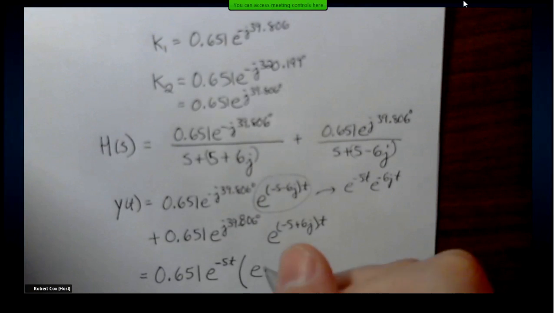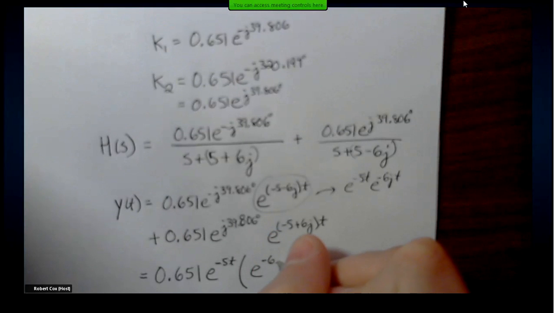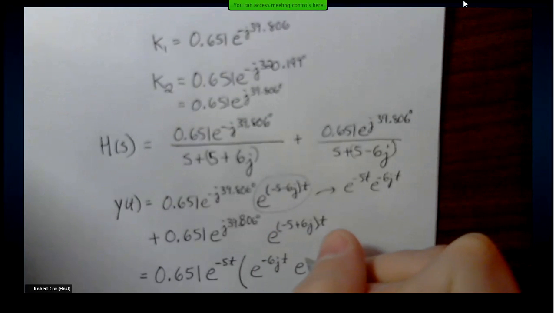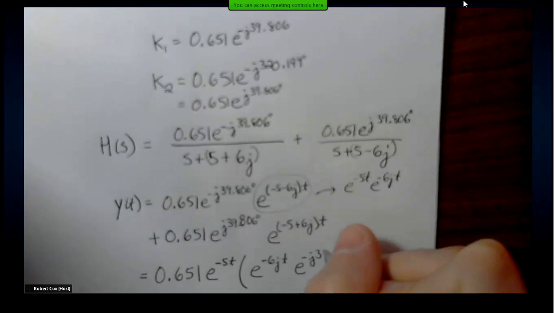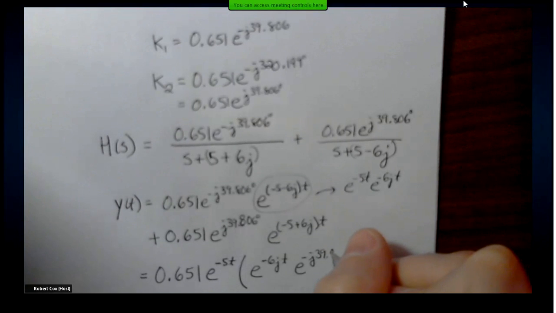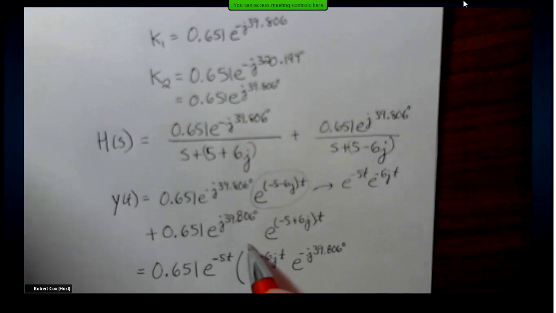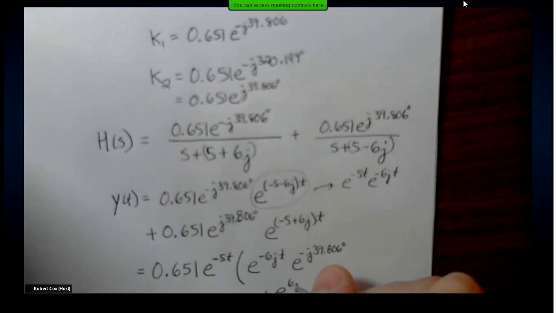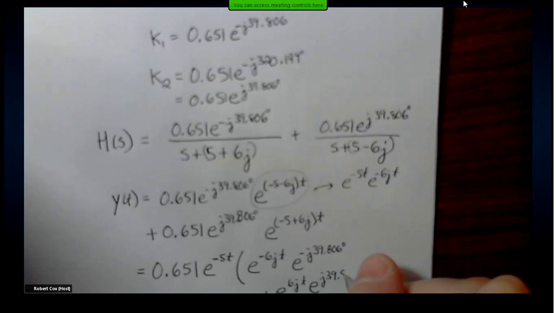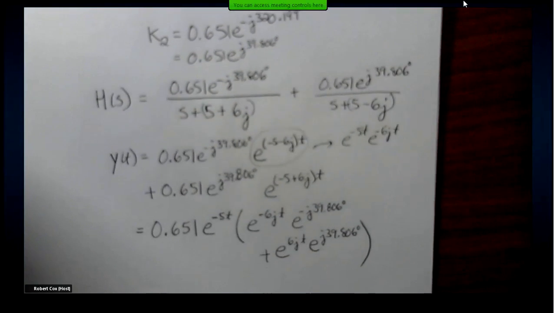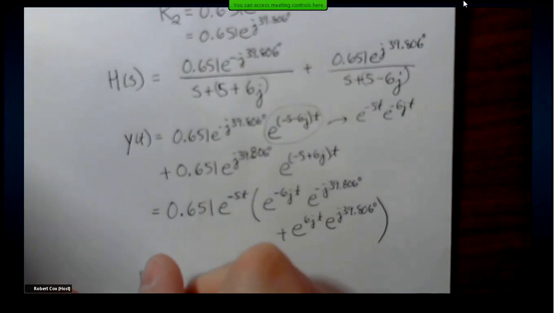And I'm going to get e to the minus 6jt times e to the minus j 39.806 degrees, plus whatever this guy gives me, which is e to the 6jt times e to the j 39.806 degrees.